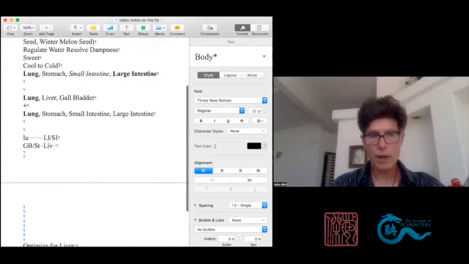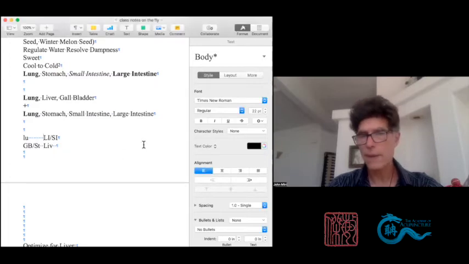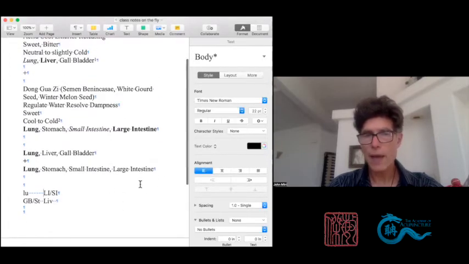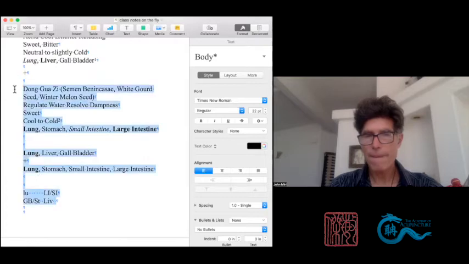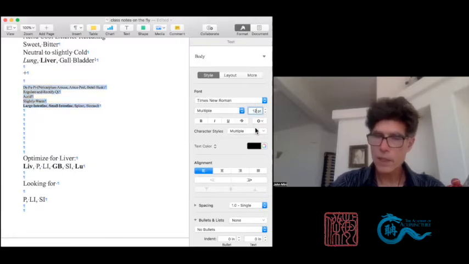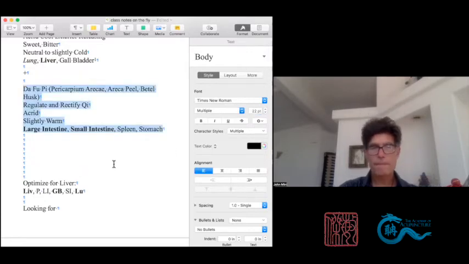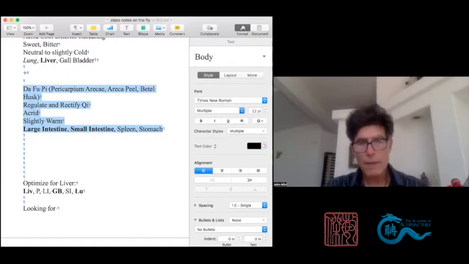So let's do another combination. Maybe it's a similar situation, but it has a lot of qi congestion plus deficiency. Then we would add another herb we were talking about this morning with John Maxwell's formula, which is the dafuku. That's going to activate things more because it's more acrid.